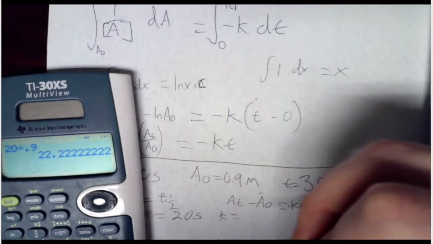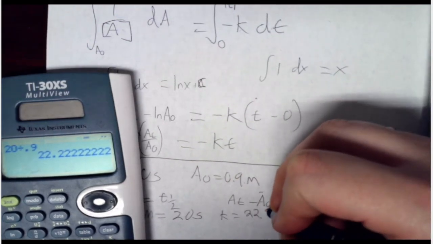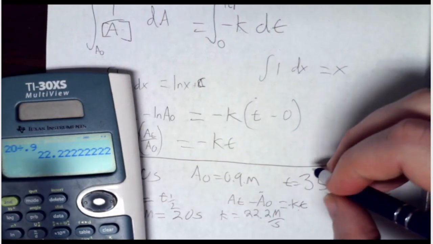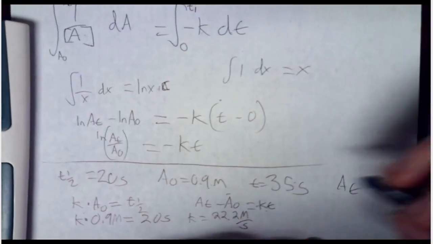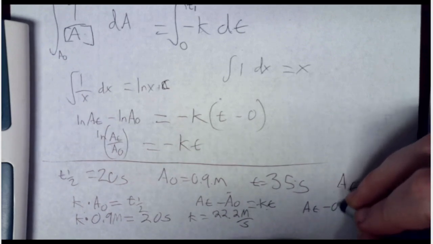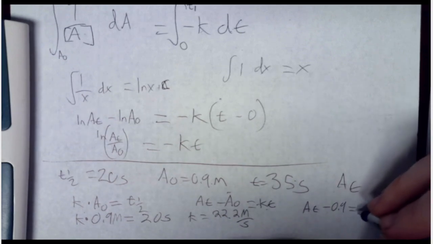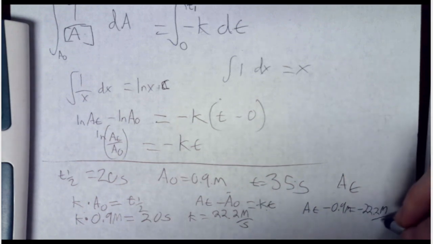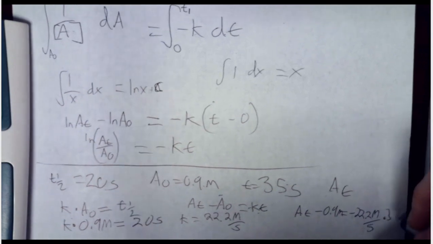K is equal to 22.2 M per s. Now we're going to plug this into here. A sub t minus 0.9 is equal to negative 22.2 M per s times 35.